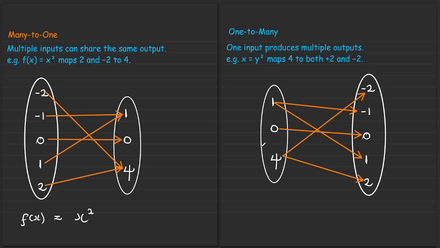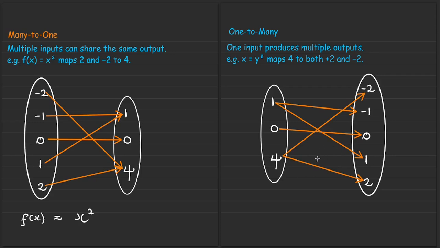The reason being that you can see there are 2 lines. But for functions, we are restricted to just one line and only one line for all the elements in our x. But that is not the case over here.